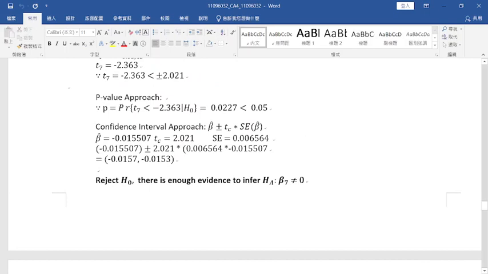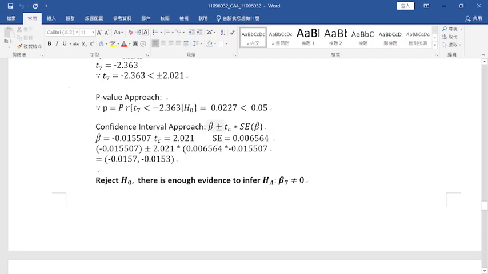So is this correct? It's 0.025. Yeah, that's right. And then what is this? The beta.